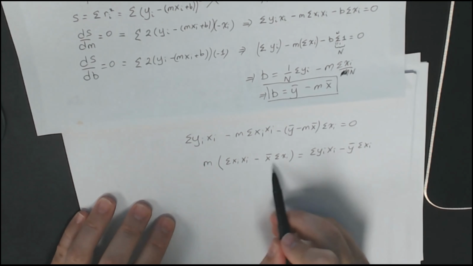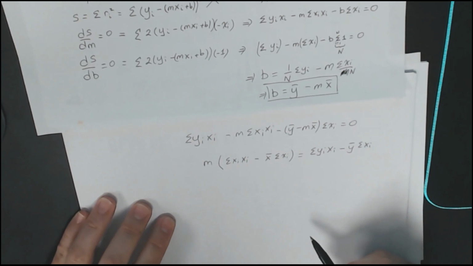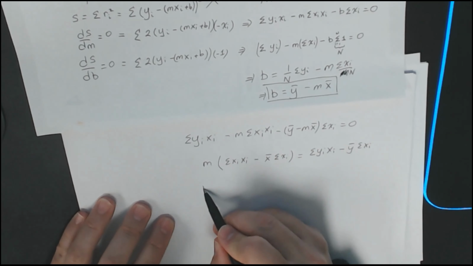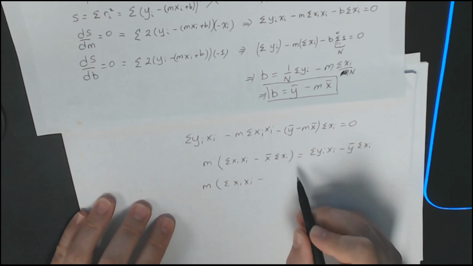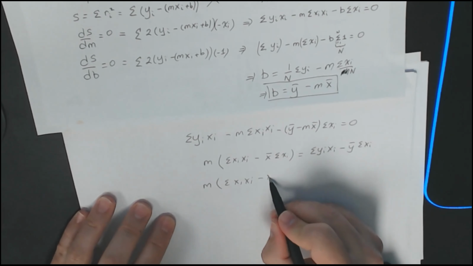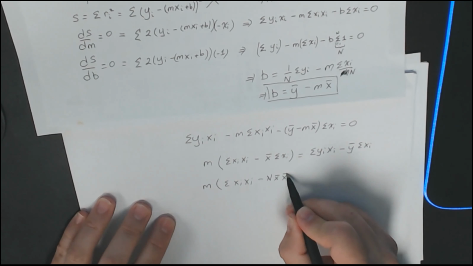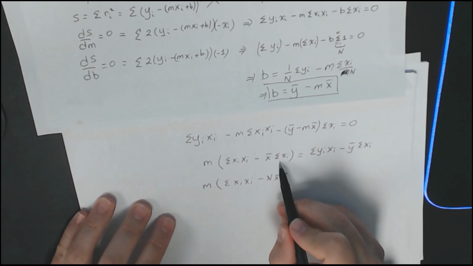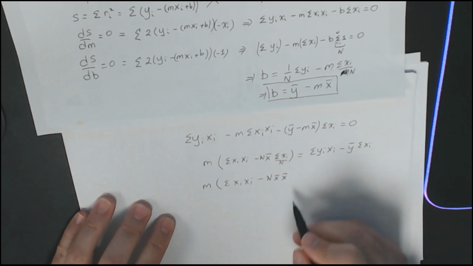Now, these sums of xi's, you might recognize those as being themselves just averages. So typically what we do is we rewrite this as the sum of squares. This thing is rewritten as n times that. What you're doing is sort of like dividing by n and multiplying by n, to turn that into an average.